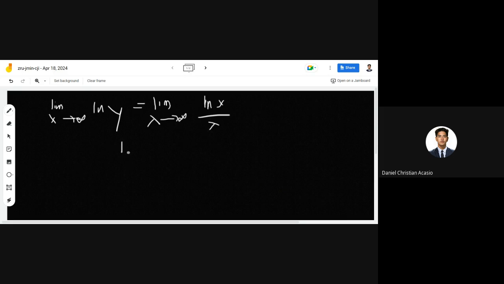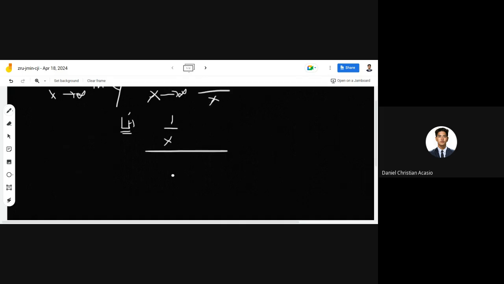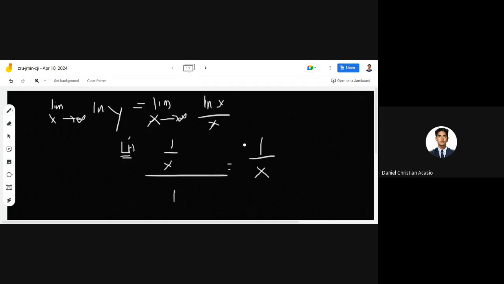Using L'Hopital's rule, we get the derivative of ln x, which is 1 over x, and the derivative of the denominator is 1. So this is just 1 over x.